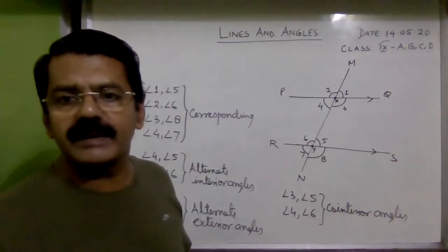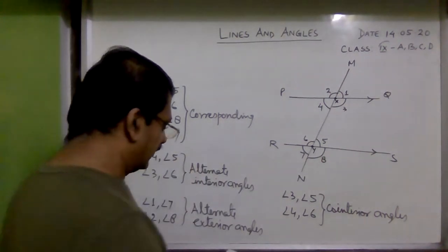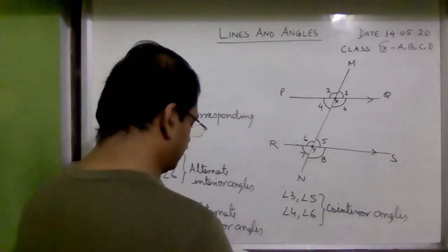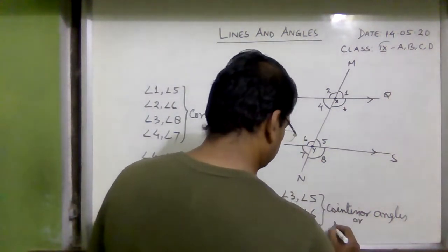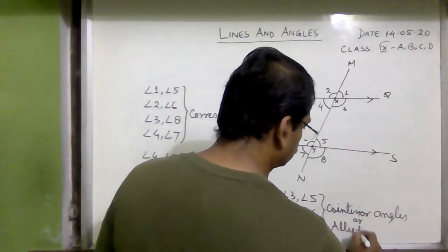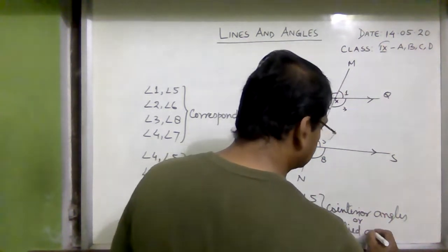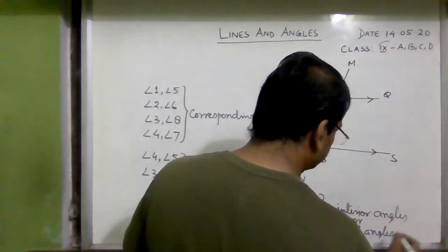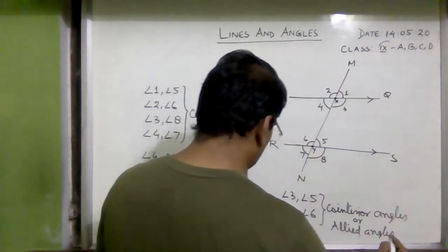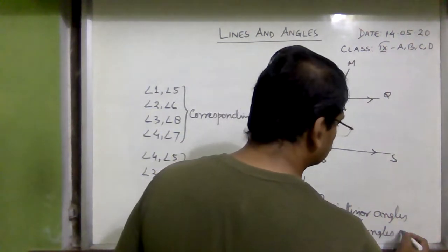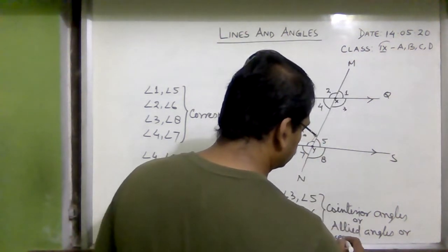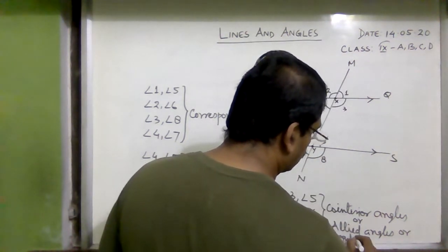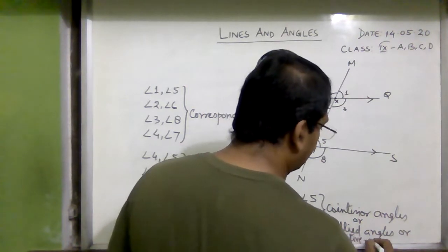There are a few more names for these angles. They are also known as allied angles, or they are also known as consecutive interior angles.